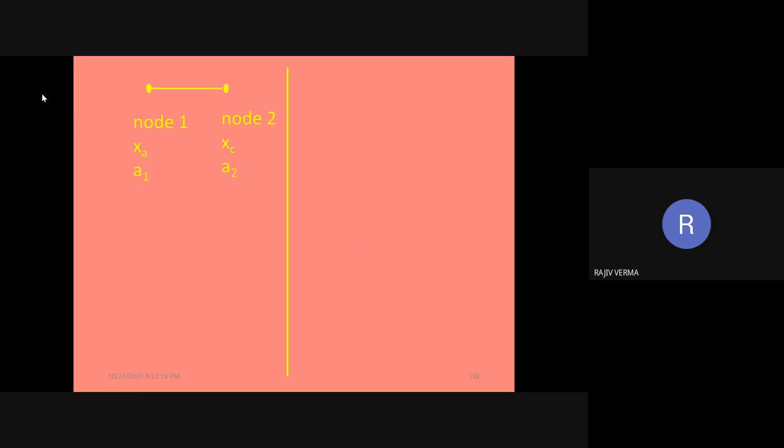So we have element number 1, element number 2. Element number 1 has two nodes, node 1 and node 2, located at XA and XC. Similarly, element number 2 has two nodes, node 3 and node 4, located at XC and XD. And the corresponding values of the unknown are represented by A1 and A2, and A3 and A4.